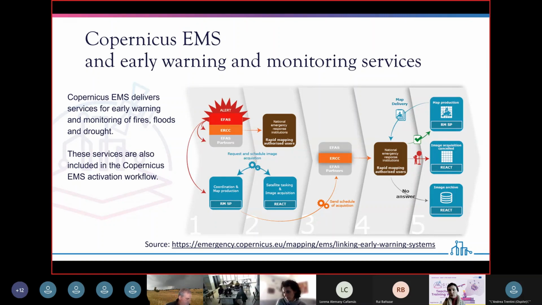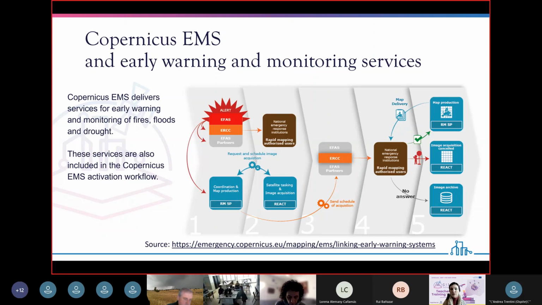This is what I introduced at the very beginning this morning, the fact that in addition to these on-demand mapping services, there are permanent services, let's say, because the maps that we have discussed so far are produced only if someone asks for them. The services that we are going to mention from now on are produced permanently.